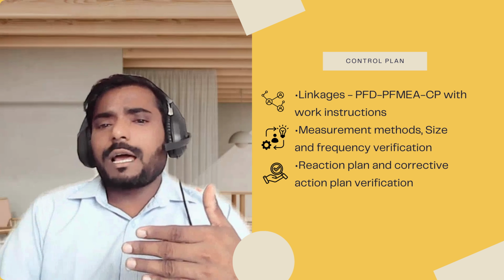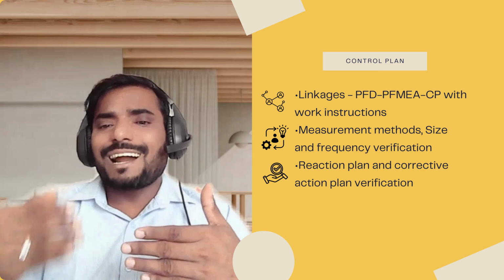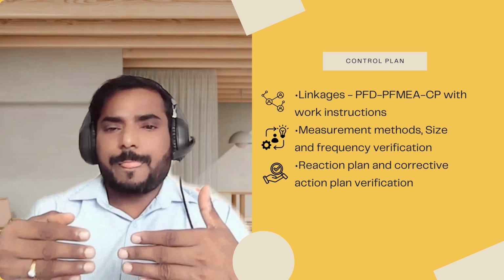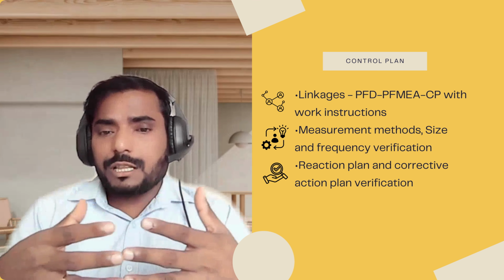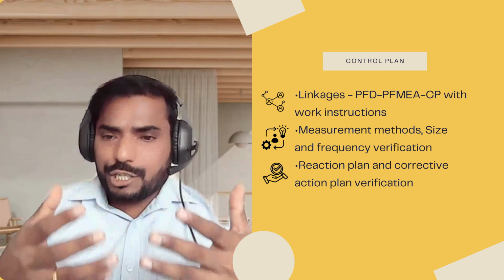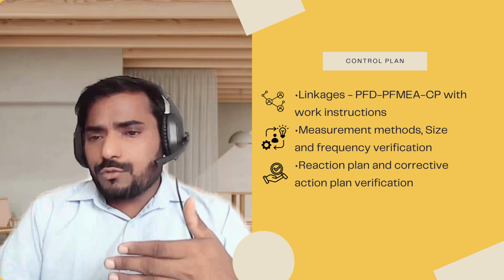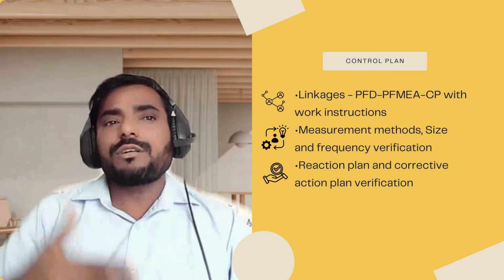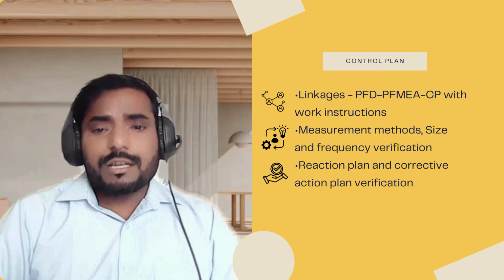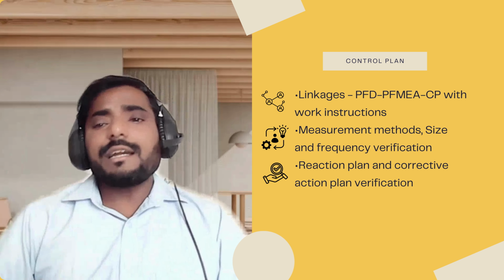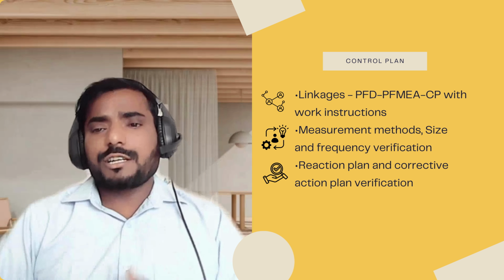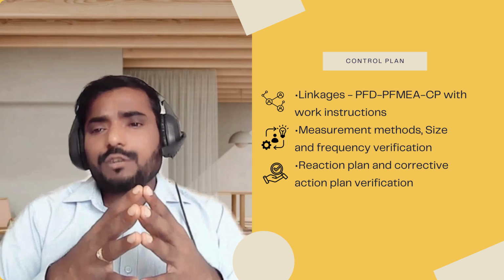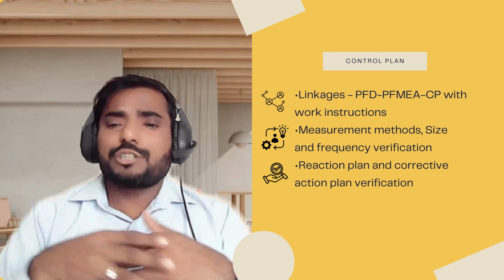In the control plan, you need to ensure the linkage of the controls which are in the PFMEA. In the PFMEA, you capture the prevention and detection controls. Those controls will reflect in the control plan so that the operator will understand: these are my different process and product requirements, and these are the current controls I have to ensure are sustained. And if something is not meeting the requirement, what should be the reaction plan?